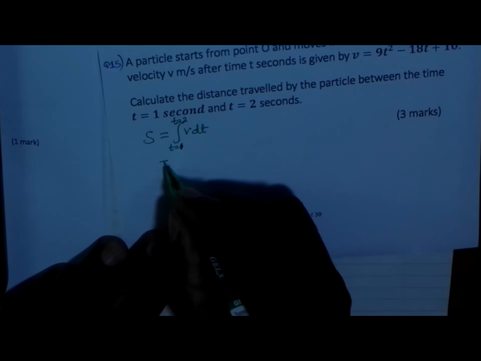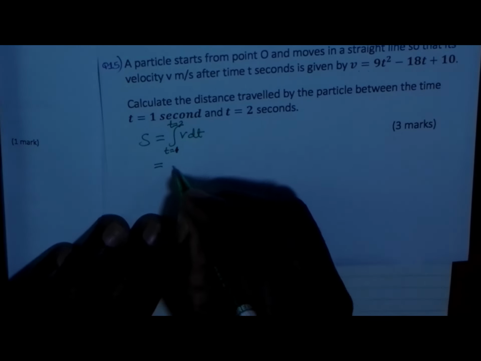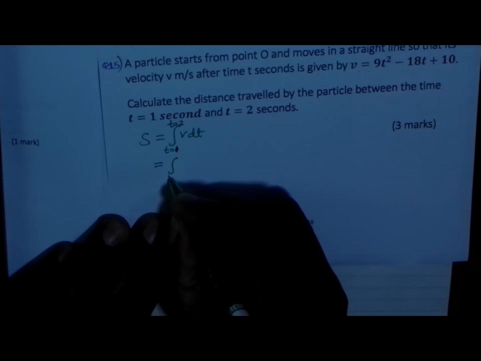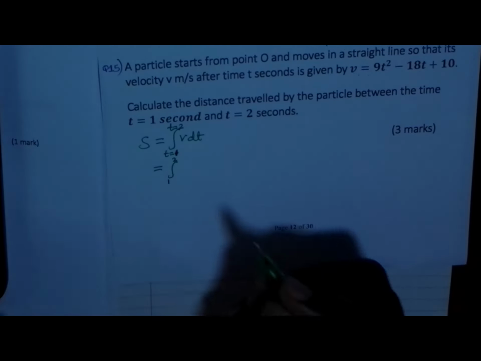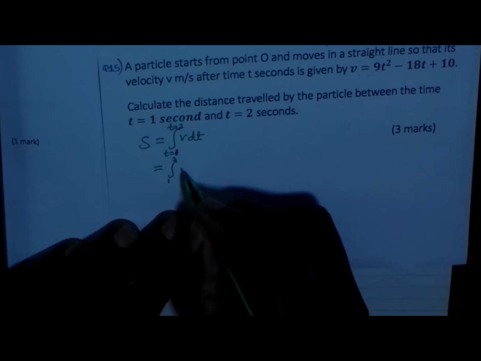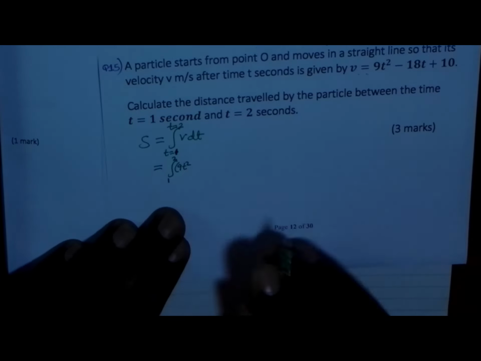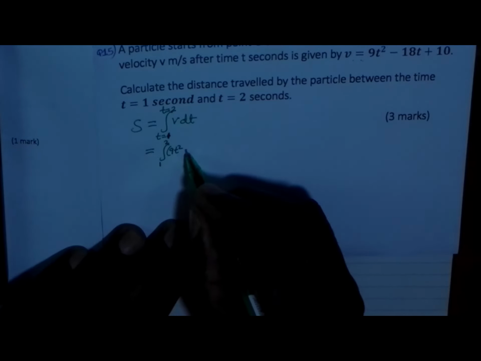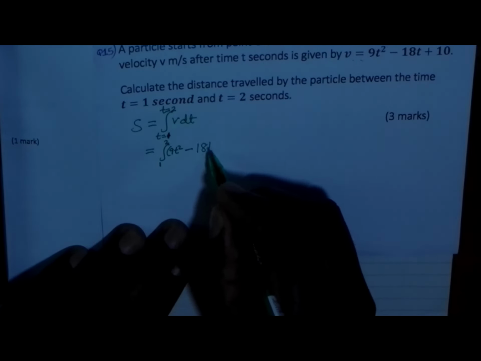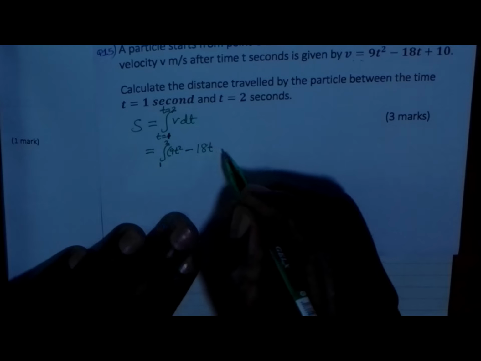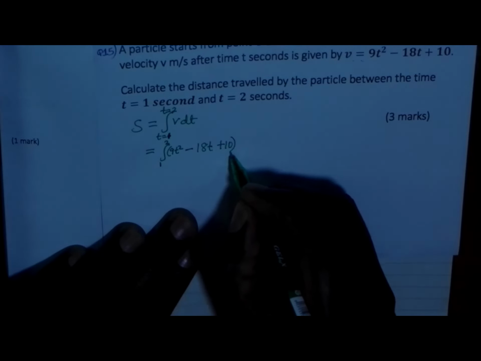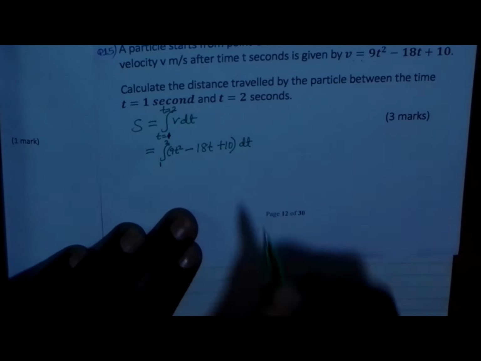And therefore, integrate from 1 to 2, we have v is 9t squared minus 18t plus 10 with respect to time.